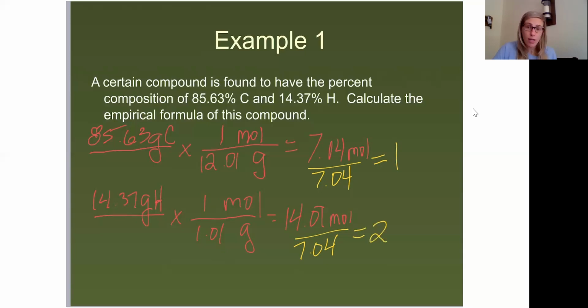In this case, our ratio is going to be a 1-to-2 ratio. Carbon to hydrogen is 1-to-2. So our formula is going to be CH2 as our empirical formula for this compound. All right, let's take a look at another example.